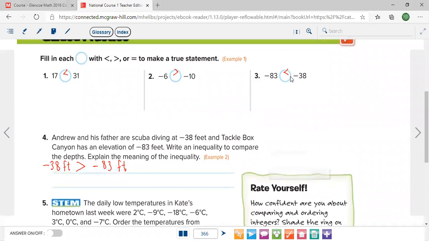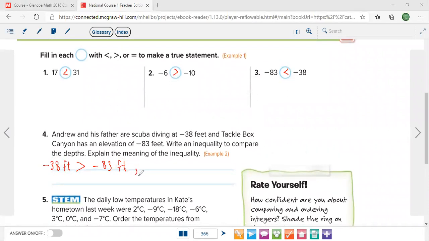We can say that the box is located at greater depth, because it's below, than Andrew's location.